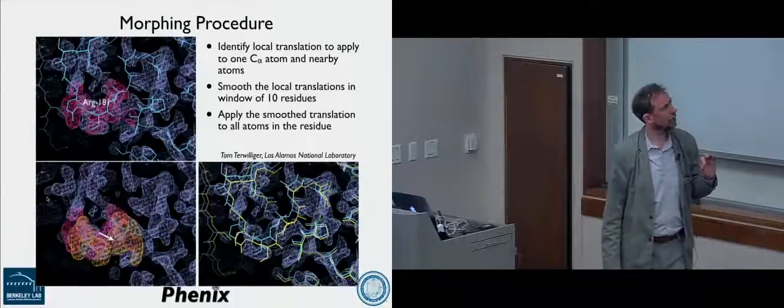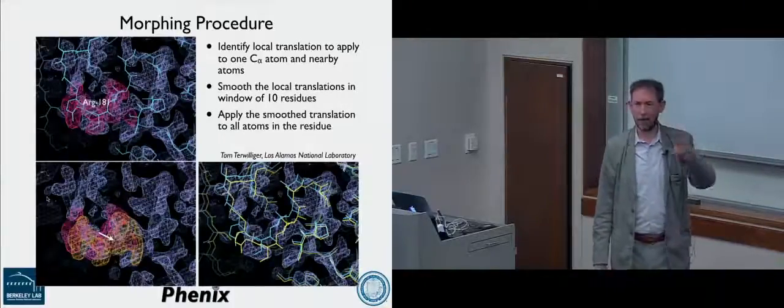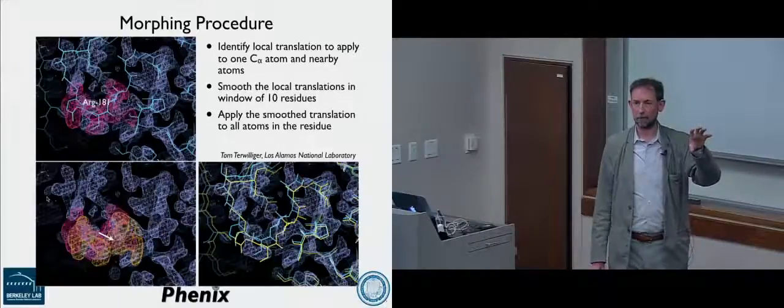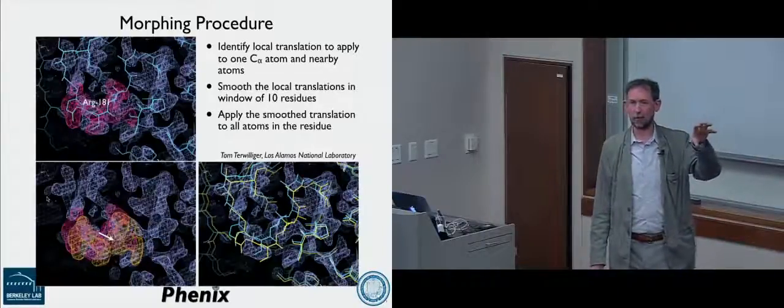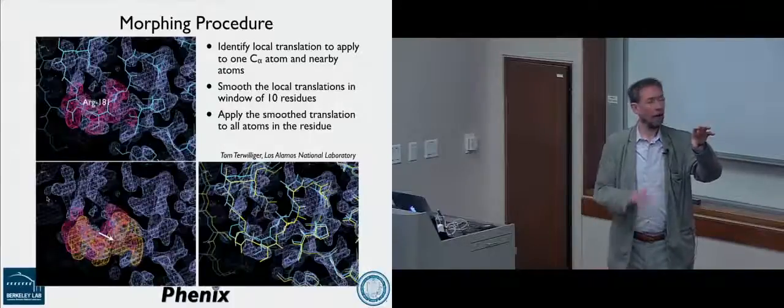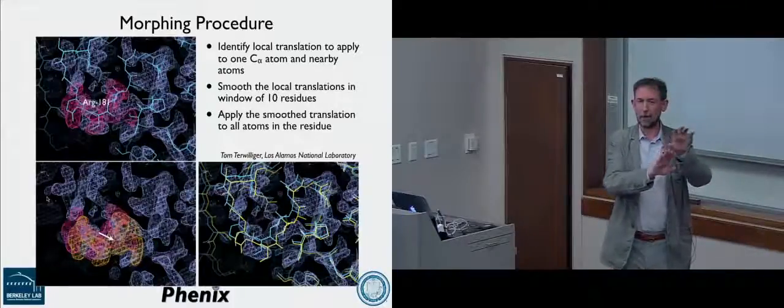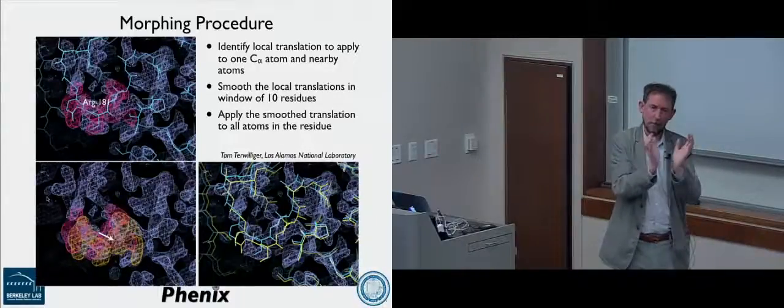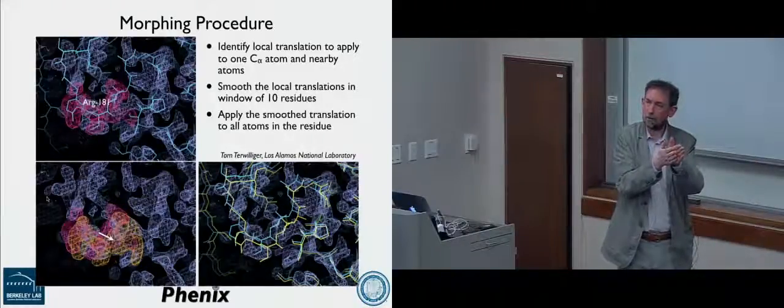And the idea here is that you visit each C alpha position in your current model, create ideal density in a sphere around that region for the 5 residues around you, and then see: is there any way I can move this ideal density with respect to my current electron density map, this very poorly phased one? Can I move that density such that it improves the fit? So this is a way to use a large number of atoms simultaneously to find shifts in real space to move the model.